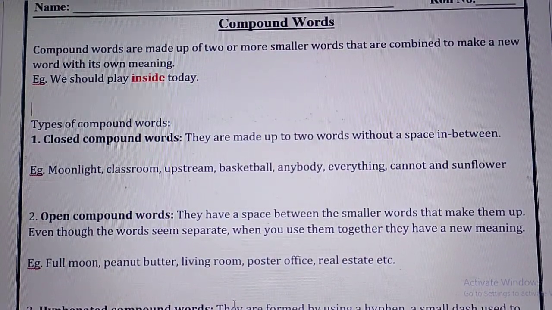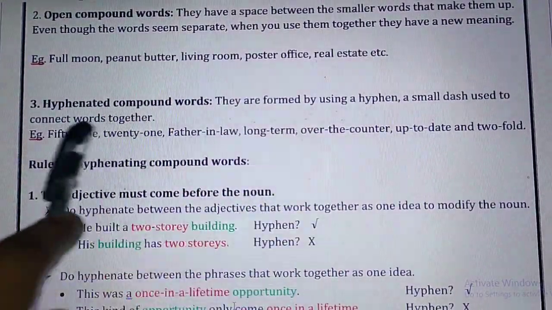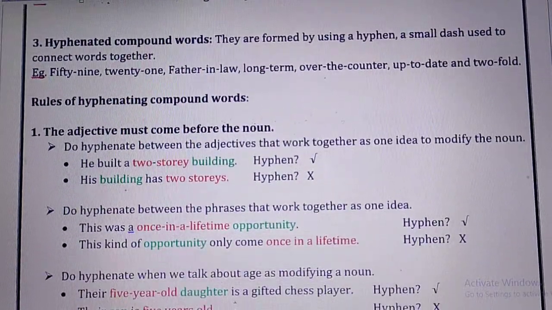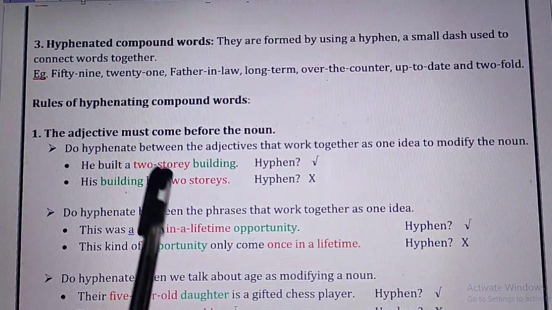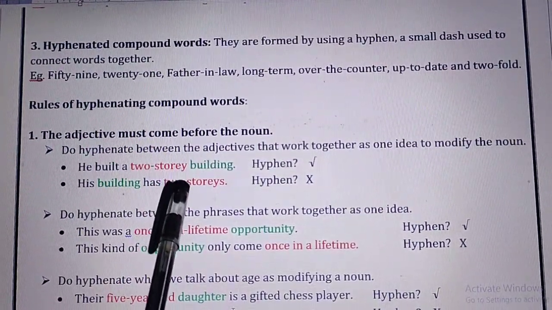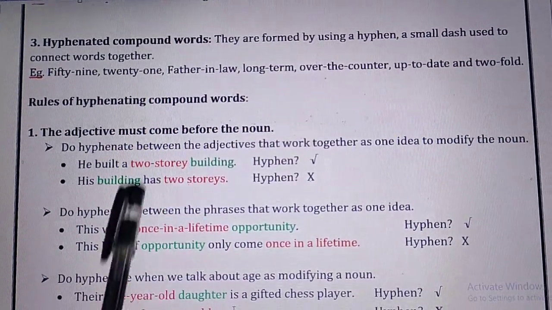Then we studied hyphenated compound words, where we use hyphens between the connected words. You have seen that whenever the adjective is coming before the noun, we use hyphens, and when the adjective is coming after the noun, we omit the hyphens.